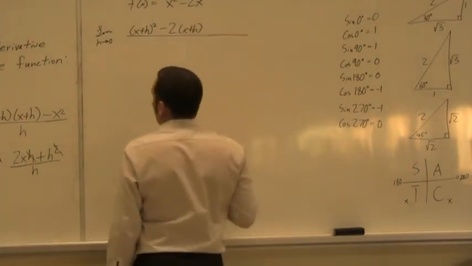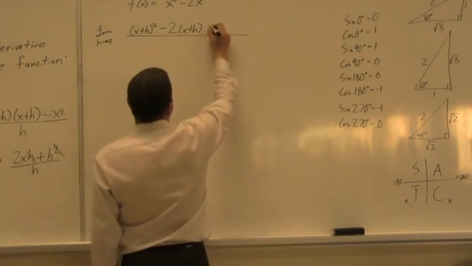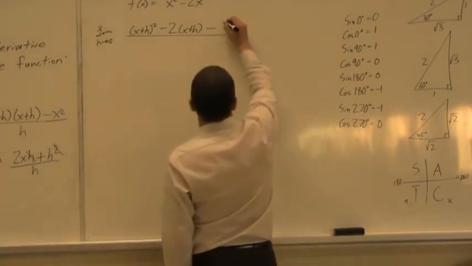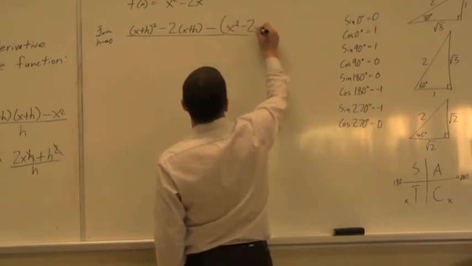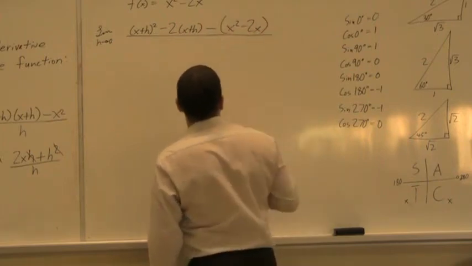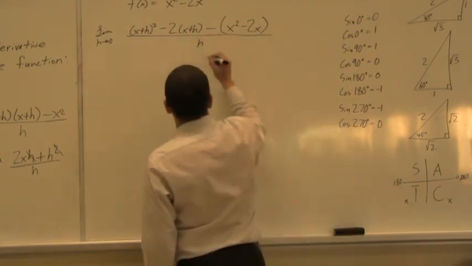And then we have to subtract the original function, so subtract f of x. Very crucial here, subtract the whole function. So subtract x squared minus 2x, and I'm subtracting the whole thing, so this has to go in brackets, all divided by h.